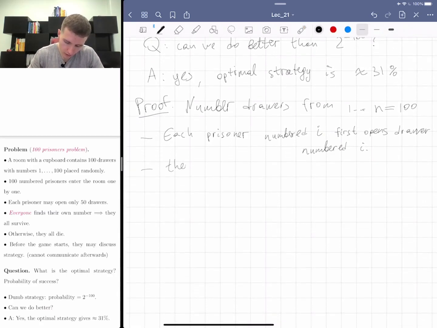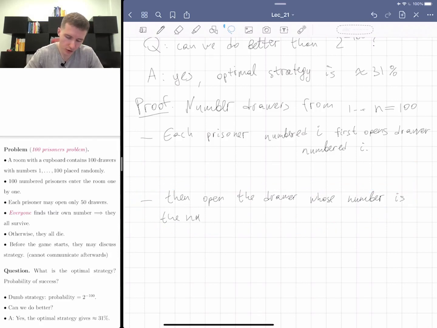Then you open the drawer whose outside number is that number.